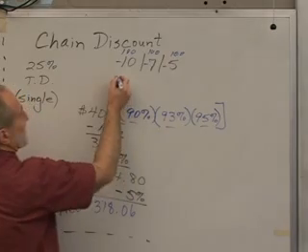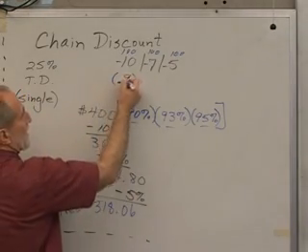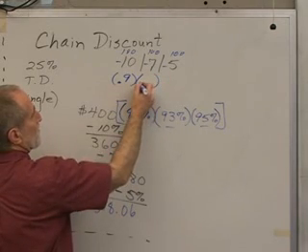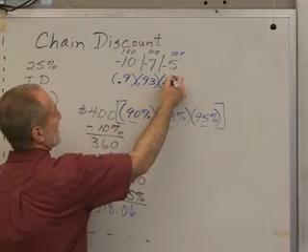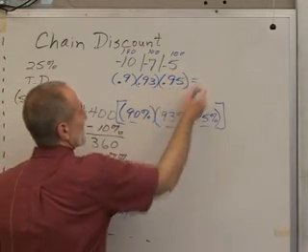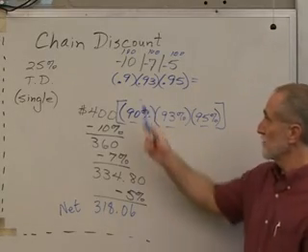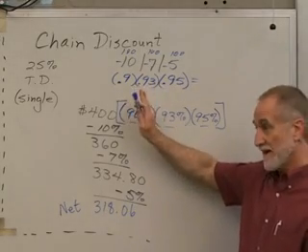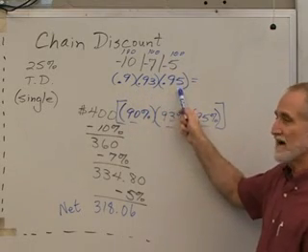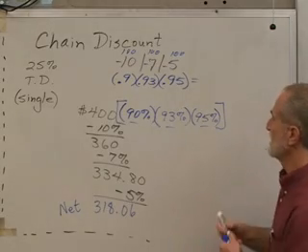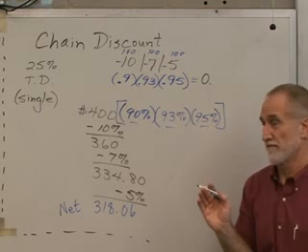So 90% as a decimal is 0.9, 93% is 0.93, and 95% is 0.95. So whether you have a simple calculator or a scientific calculator, punch in 0.9 times 0.93 times 0.95 equals. And that'll be a decimal. It'll have a lot of decimal places, and we do not round this thing off.